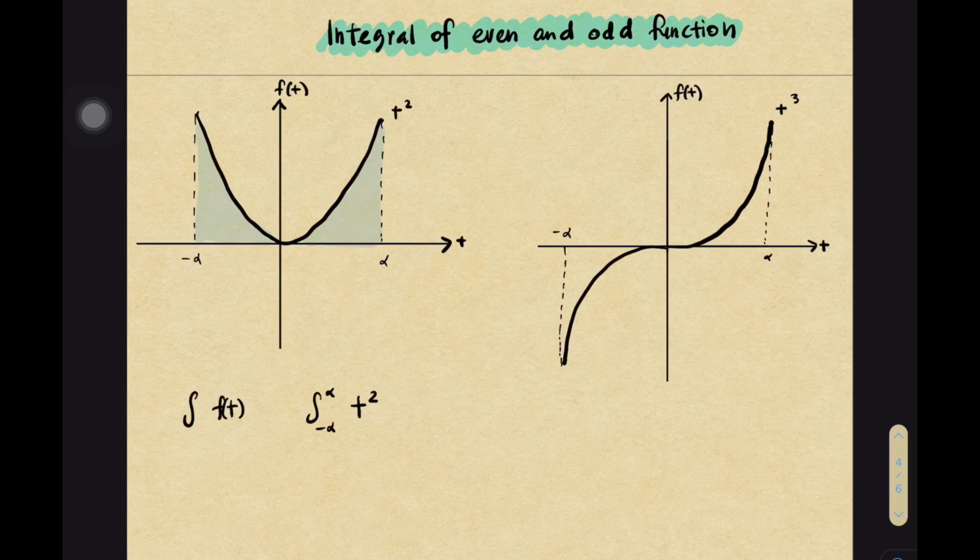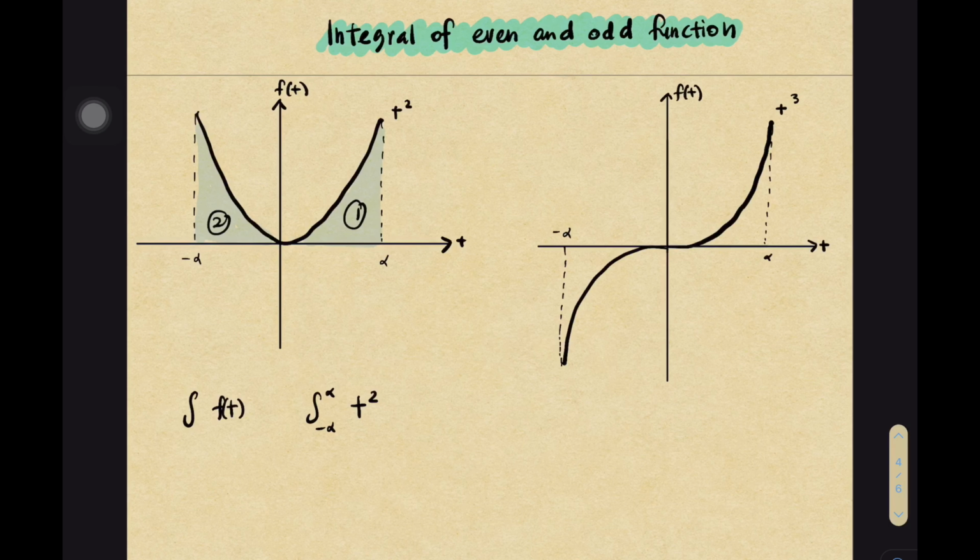If you can see here, for your even function, you actually get two equal areas, where the first area is this one and the second area is this one. You get two equal areas because an even function is symmetric about the vertical axis. So what you get on the right hand side, you will get the same on the left hand side.